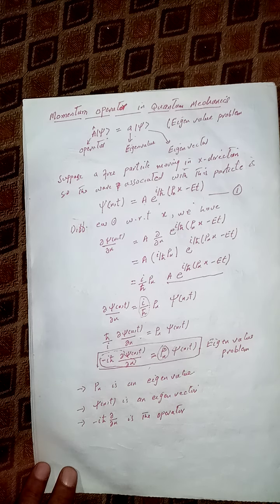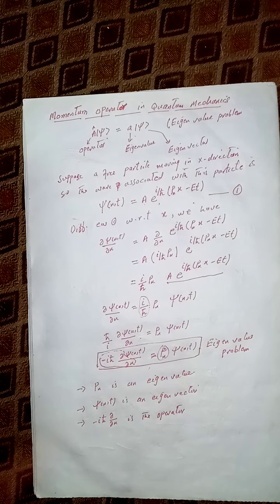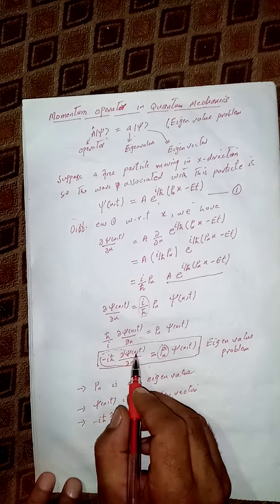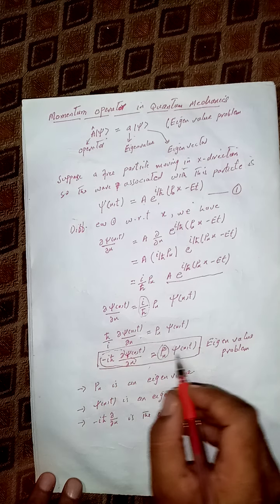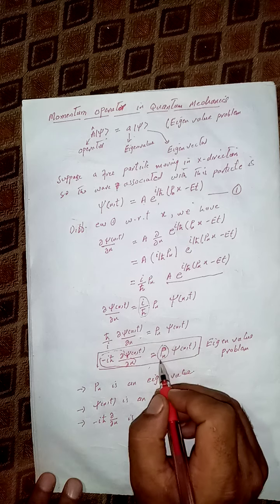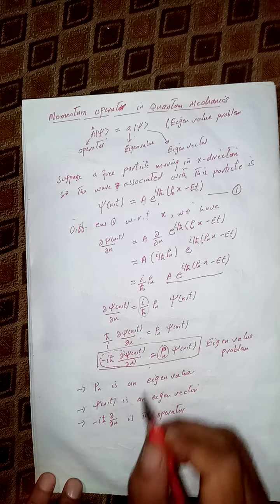Now this operator operates on this state vector psi of x and t. We get the same state vector with a constant, and the constant is the component of momentum along x direction.